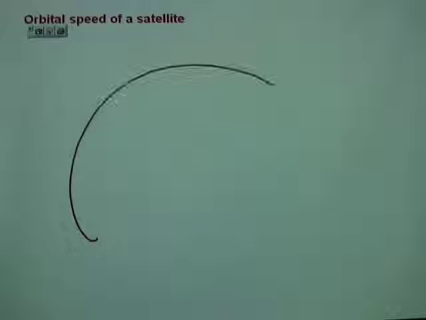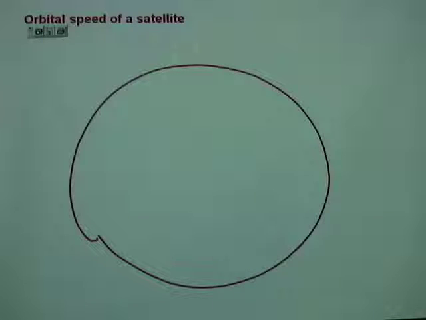Now, this is our Earth. If I throw this basketball with the velocity so that when the basketball falls, you see that as it goes, it is going to fall like this. And you can see here, the basketball has fallen by that amount.